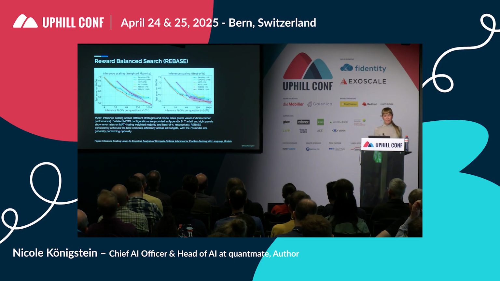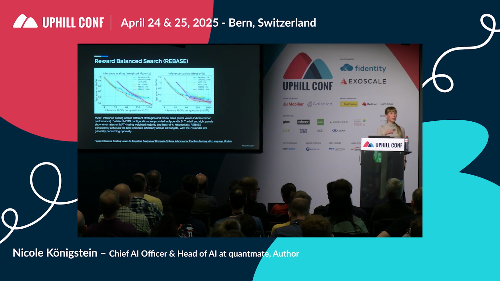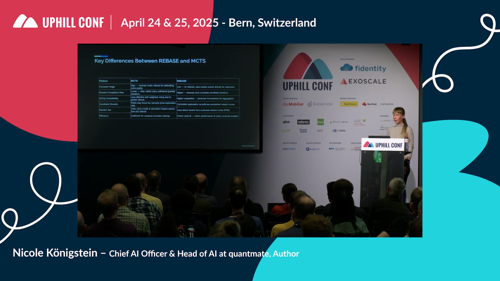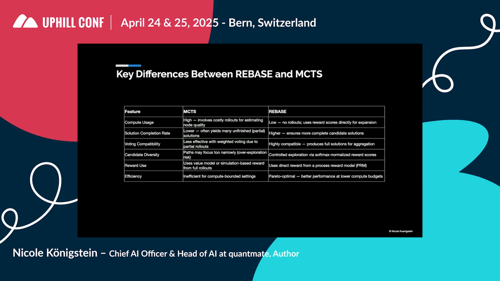However, this is not so efficient, so it takes a lot of computing time, although the results are pretty good. It takes kind of too much computation. And I will show you, I think a slide or two later, another improvement above that REBASE. But first let us look at the comparison between REBASE and Monte Carlo tree search.